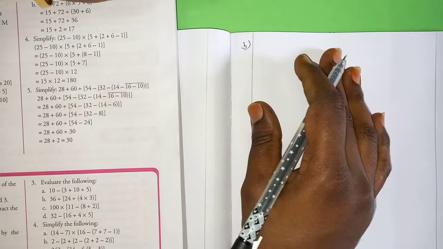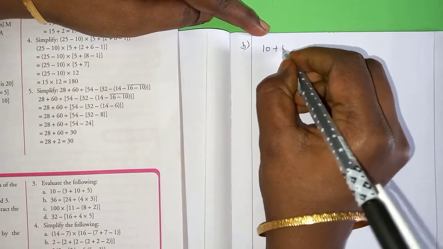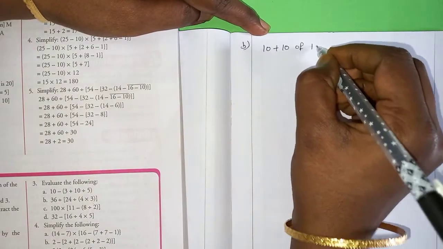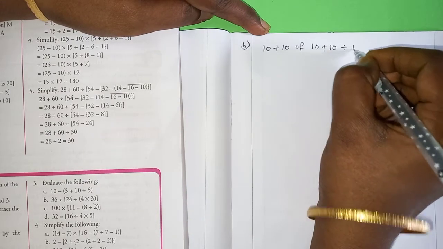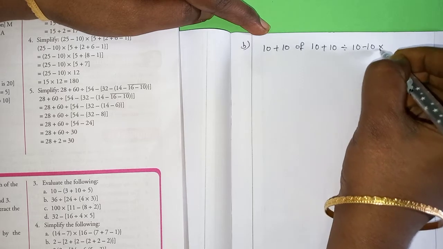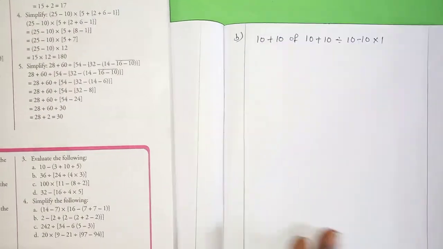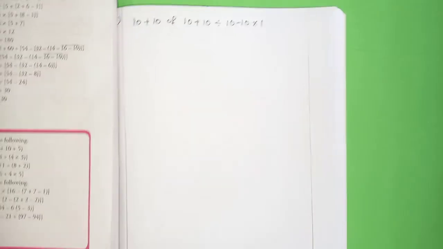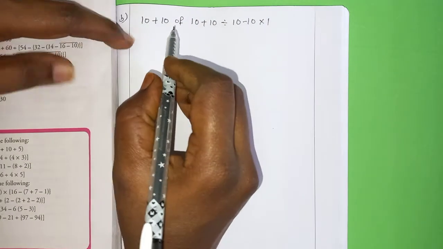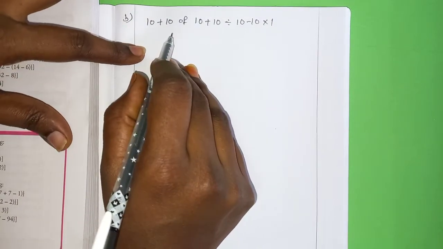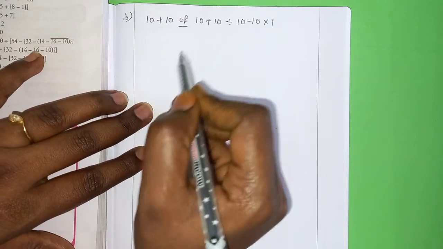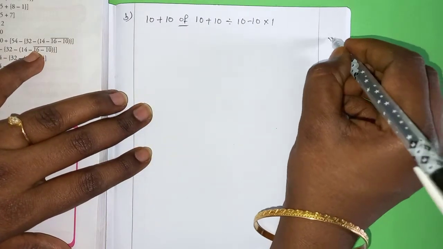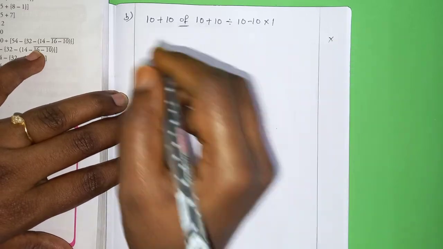Next. Problem B. 10 plus 10 of 10 plus 10 divided by 10 minus 10 into 1. Okay. So, besides addition, subtraction and multiplication, and even brackets which we discussed, here they gave something like 'of'. Of is nothing but multiplication.